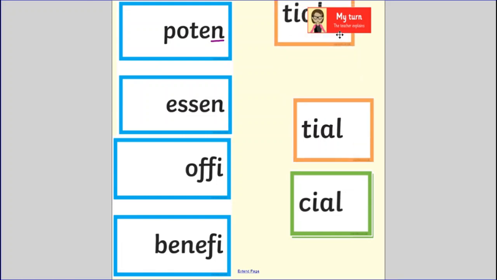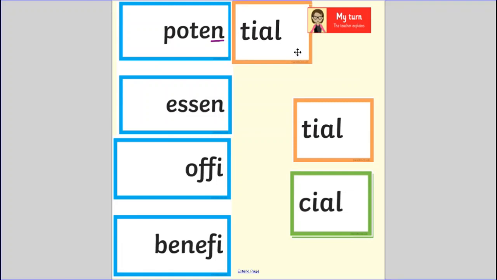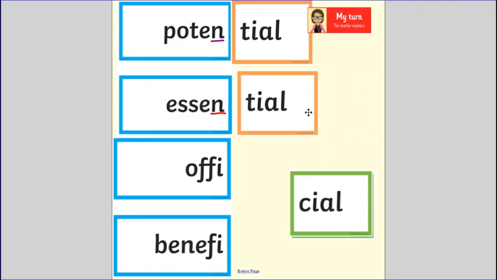Yes, it's TIAL if the stem word ends in a consonant. What about essential? Now I can see the final letter of the stem word, it's an N. Ah, right, I had N in the first word. So if the final letter is a consonant, then we add TIAL.